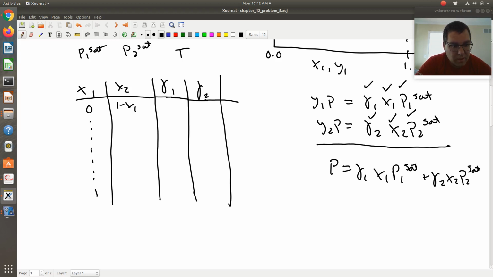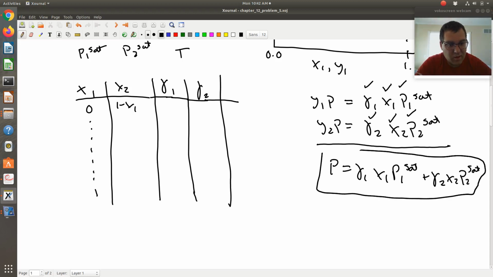There's no need to solve it numerically when I can solve it analytically. Looking at my Excel sheet, this table I'm setting up, I know x1, gamma 1, P1 sat, gamma 2, x2, and P2 sat. So that allows me to calculate P.